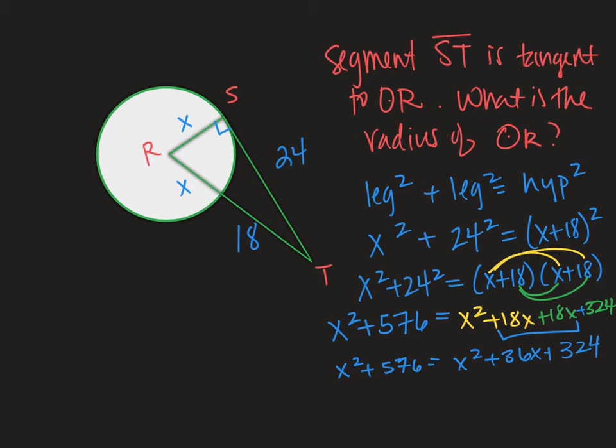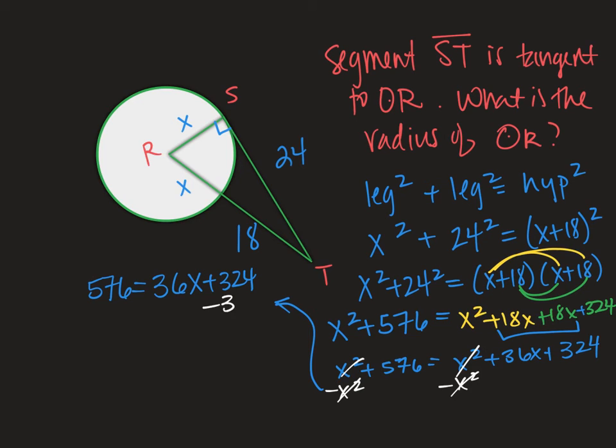When I have the same thing on both sides, I can subtract x squared, and those guys are going to cancel out. So now the equation that I'm looking at is 576 is equal to 36x plus 324. So we've got to look for those patterns and those easy parts to do when we're doing our algebra. Try to make it as easy as possible on yourself.